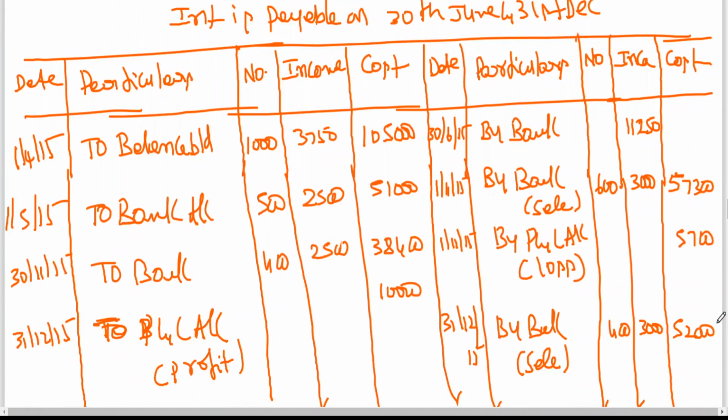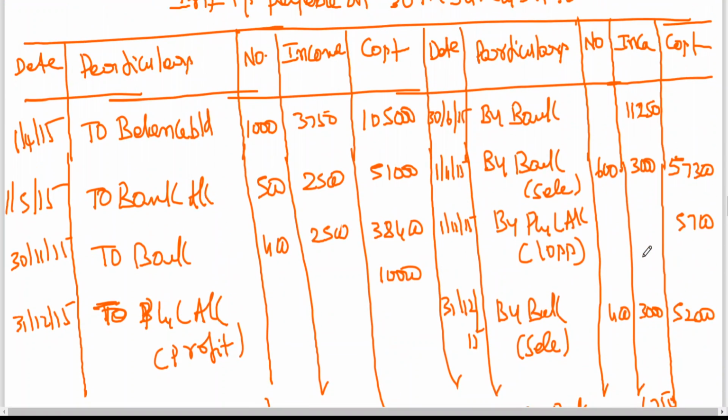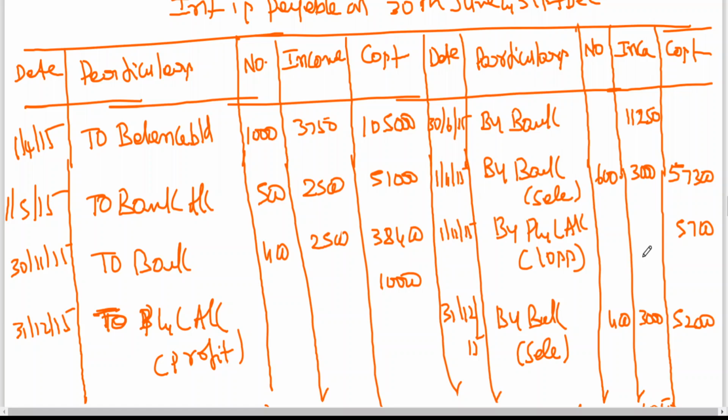So let me close this. 1900 minus 1,100. Now interest column, let us see. Income column 11,250.